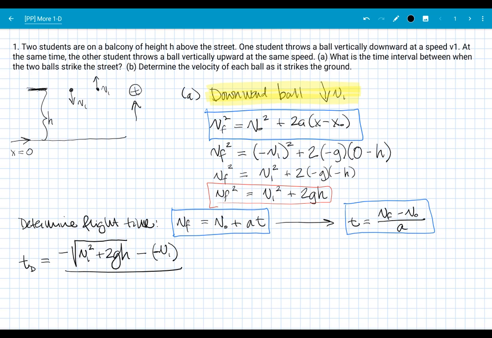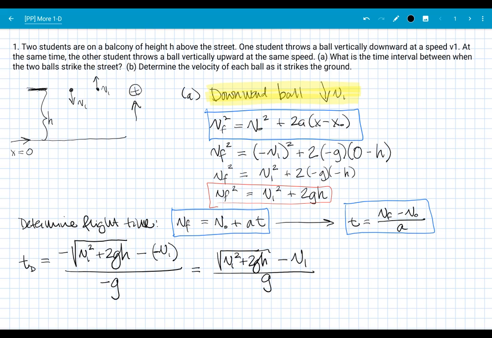And that's all over the acceleration, which is, of course, downward directed. So that gives me the square root of V1 squared plus 2gh, minus V1, all over g.